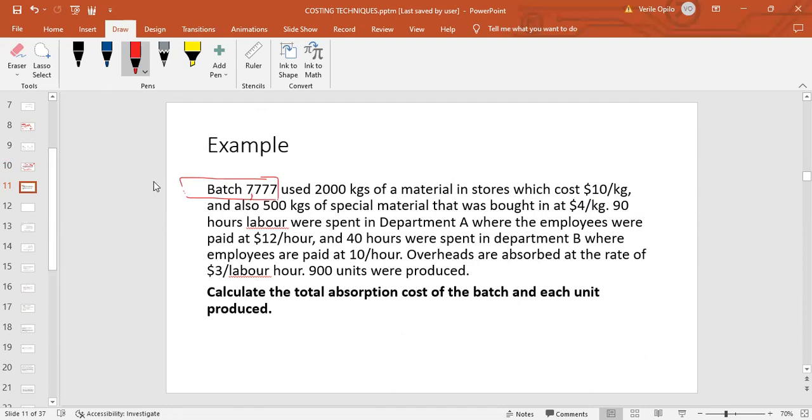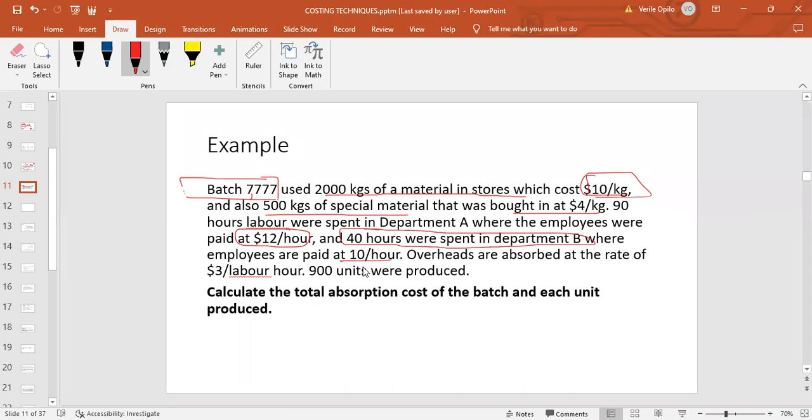Batch number 7777 used 2000 kgs of material in stores, which cost $10 per kg, and also 500 kgs of special material that was bought in at $4 per kg. 90 hours of labor were spent in Department A, where employees were paid at $12 per hour, and 40 hours were spent in Department B, where employees are paid at $10 per hour.